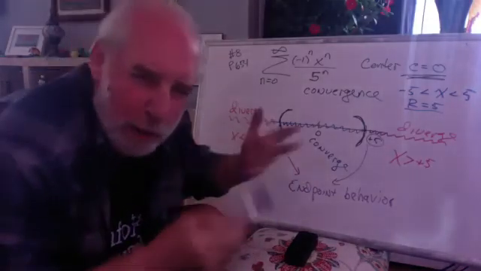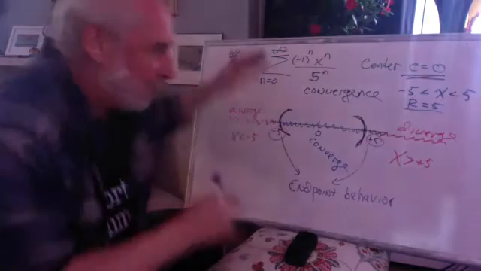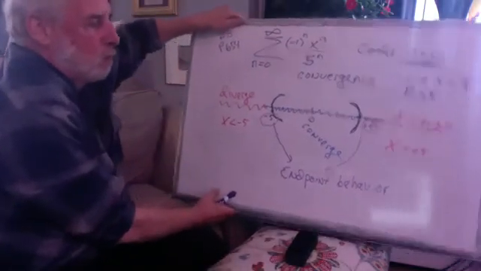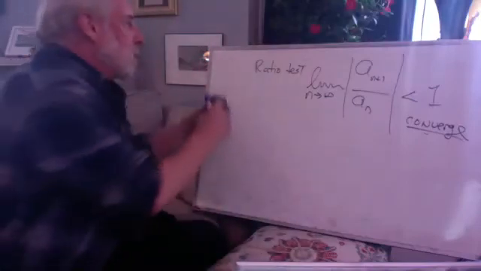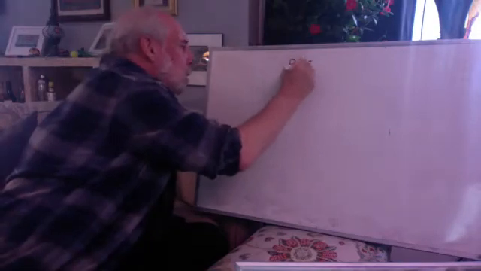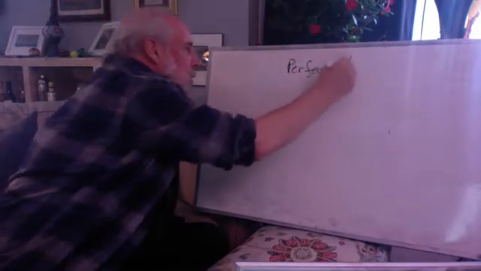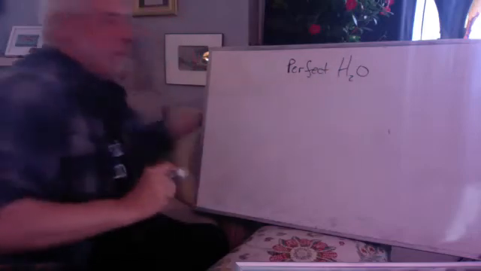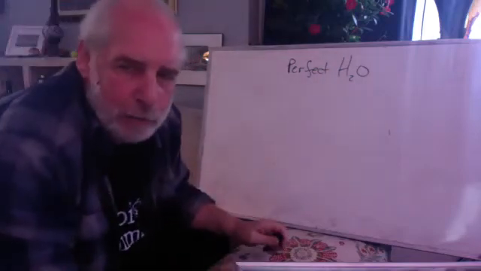So before I show you the mathematics of what we're going to do, let me give you a little thinking experiment here. Let's suppose we have a container of pure water.